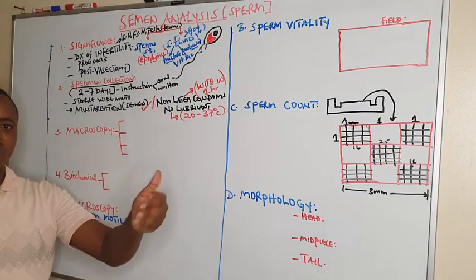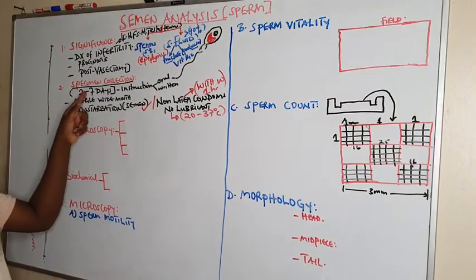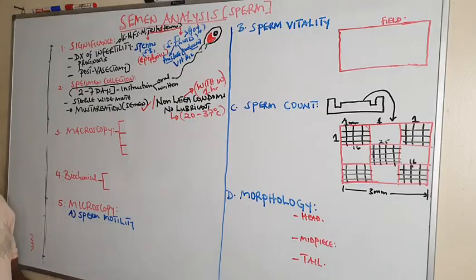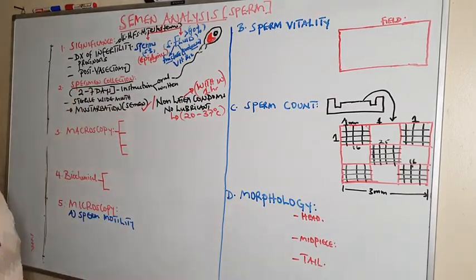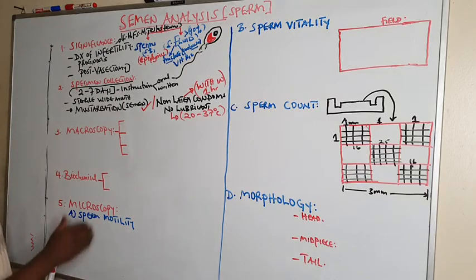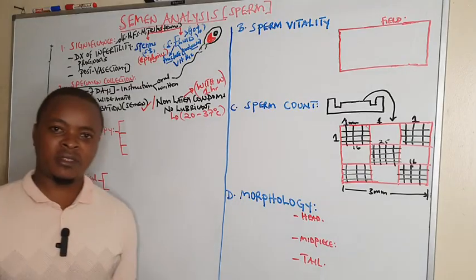Any loss of a portion should also be noted, and we also note the period of abstinence. Is it 2 days, 3 days, 4 days, or 5? It is noted to help us during interpretation of results. So this is how we collect the semen sample.